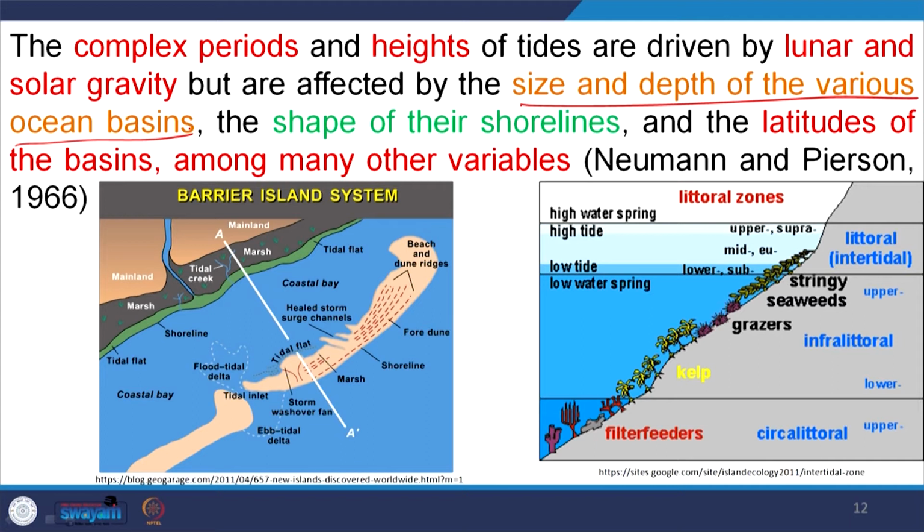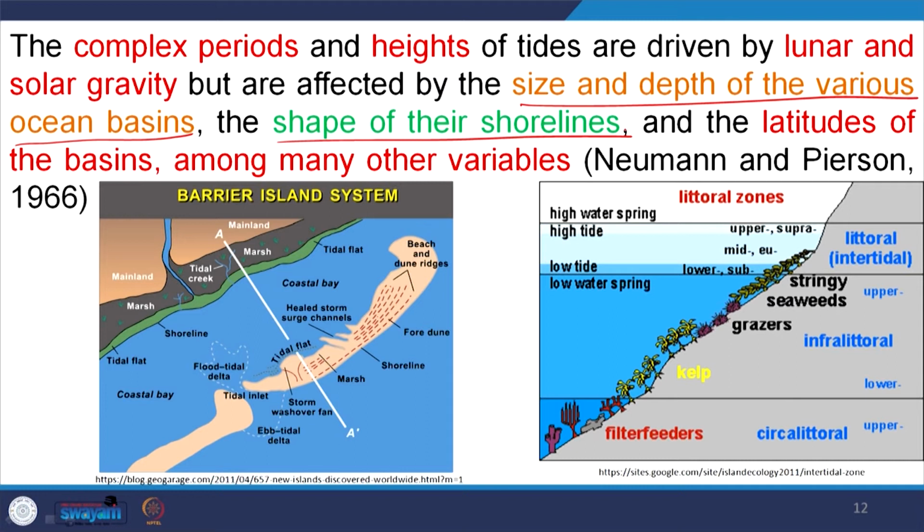The shape of the shoreline also matters, whether it is a straight shoreline or an undulating shoreline. The shoreline may be dominated by hard, compact rock, or semi consolidated or consolidated sediment, or loose sediment. Latitude of the basins, geographic position, also matters, whether low latitude or higher latitude, and whether a warm water current or a cold water current is there.